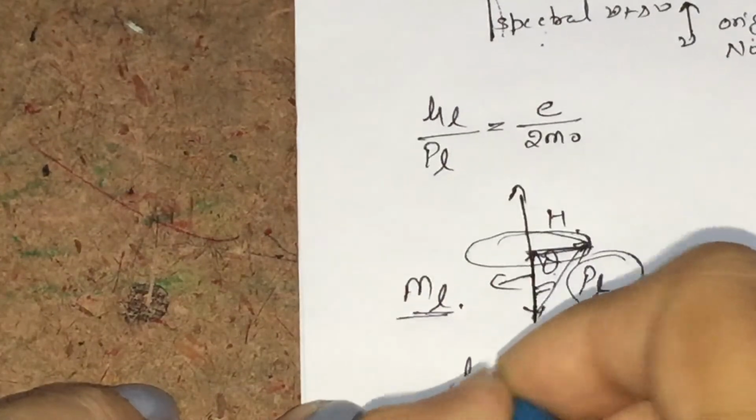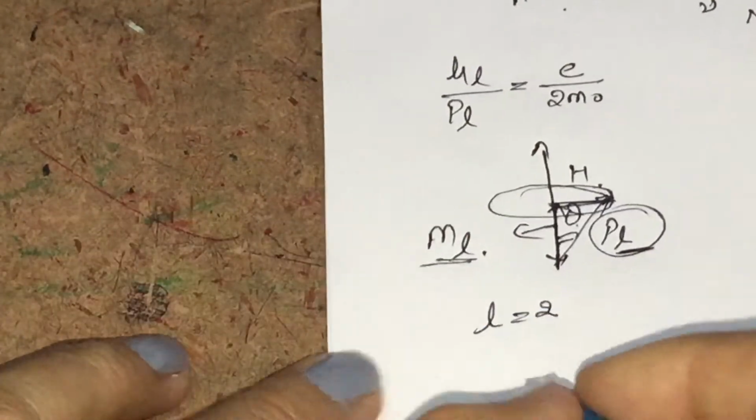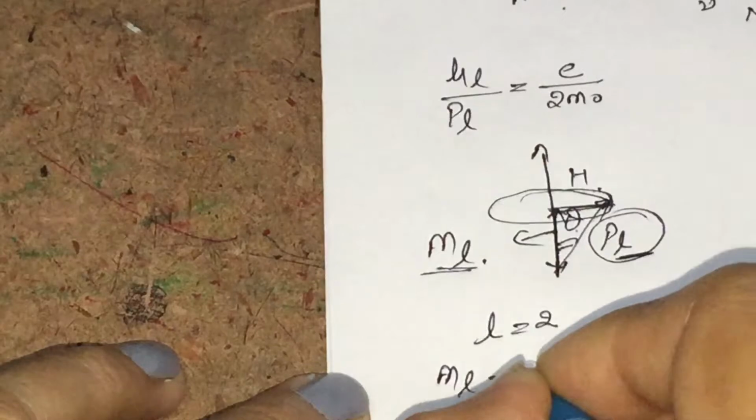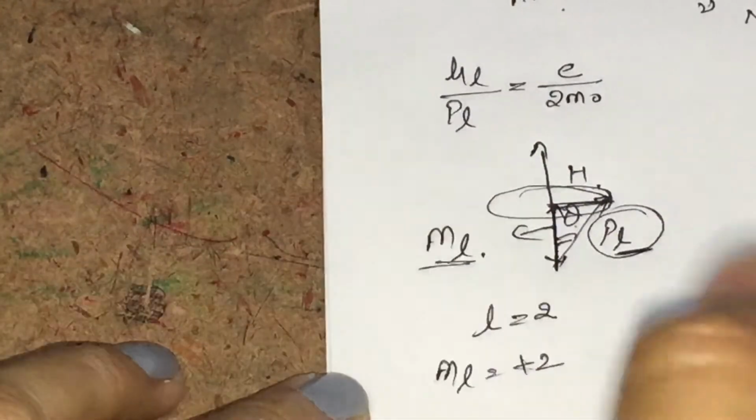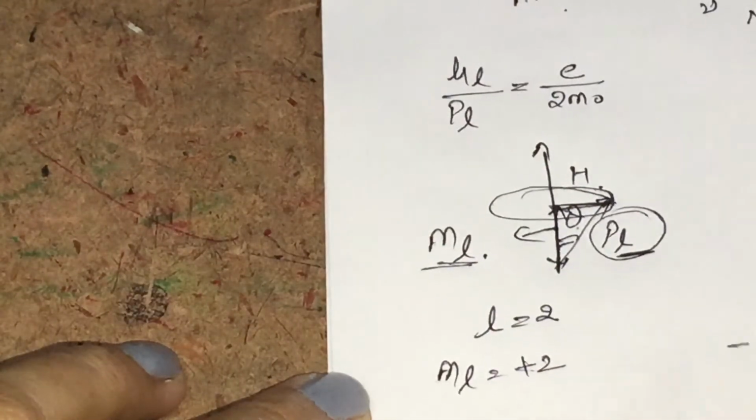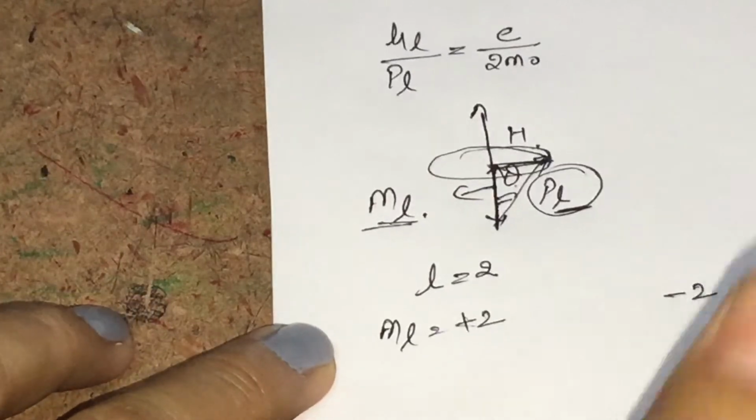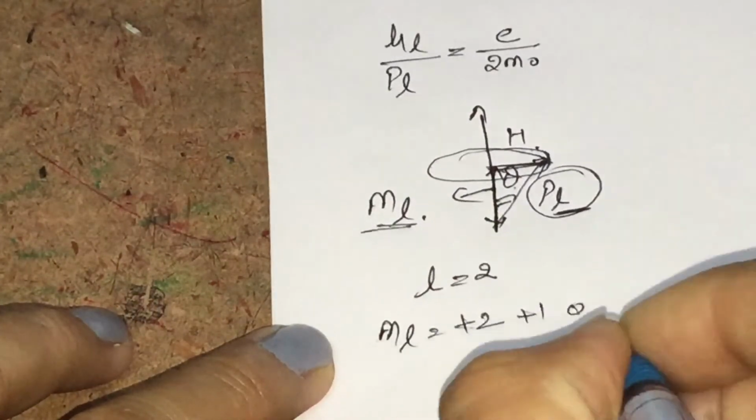If l is equal to 2, then we have m_l from plus l to minus l, having all the integers in between them including 0.